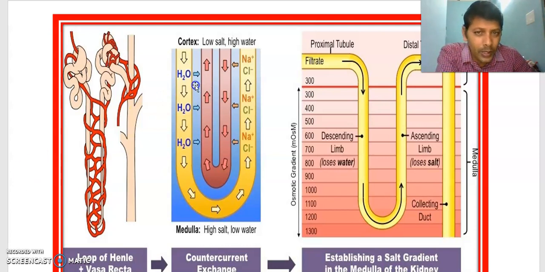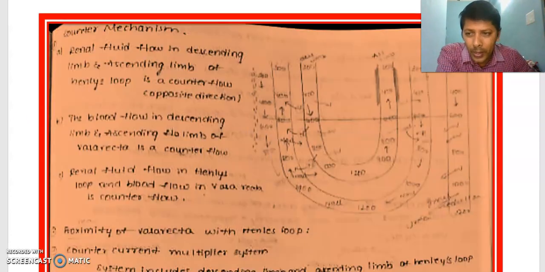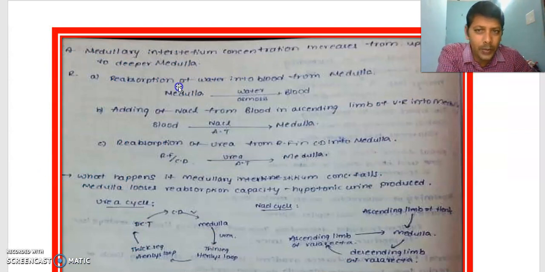Other, if water does not enter into this part, the osmolarity of the interstitial fluid decreases. Now it is 300 to 1200. As the water is entering into the blood, it is reabsorption of water from the medulla to blood by osmosis.